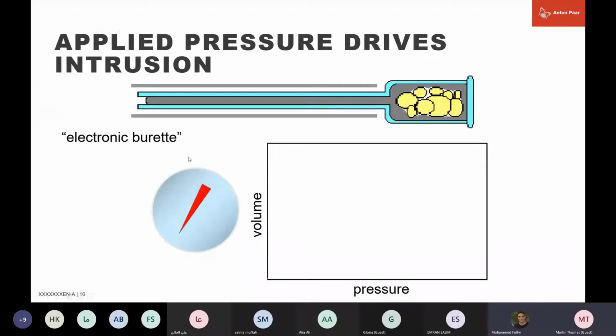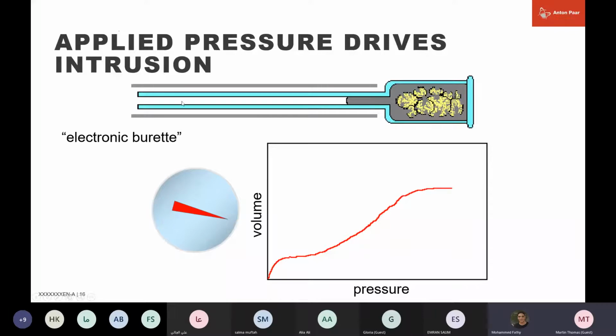In order to make an electronic burette, we put a metal cylinder around it, so we can make capacitance measurements, which measures basically the length of this mercury column. As pressure is increased and smaller pores are penetrated inside the sample, the mercury moves out of this capillary stem.